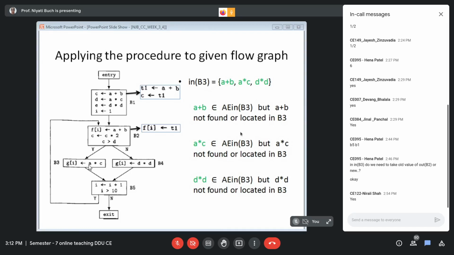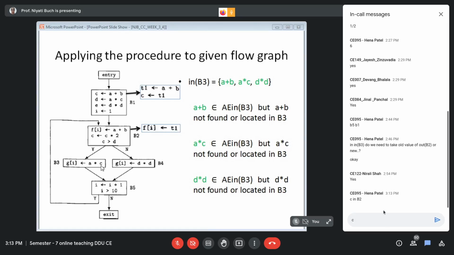The reason we are not taking a temporary for A into C is that we have to remember one condition: if it is found in our block, then we have to check whether any of the operands have been changed in any of the flow. There are two operands, A and C. If you observe very carefully, one of the operands is getting changed. Can you spot where it is? Which operand in block B3's expression, specifically A into C?